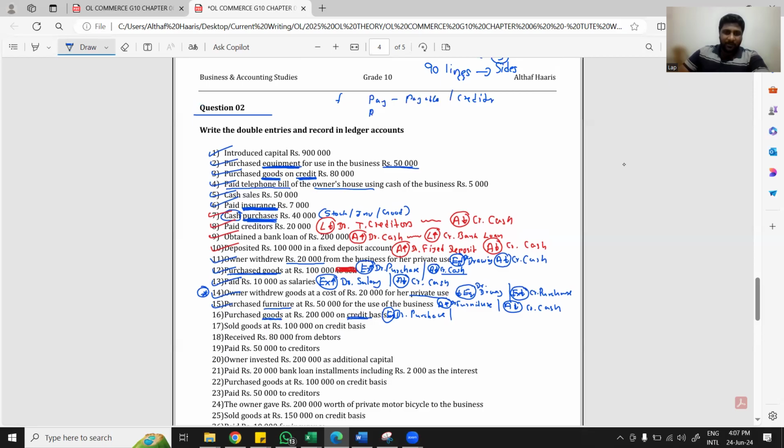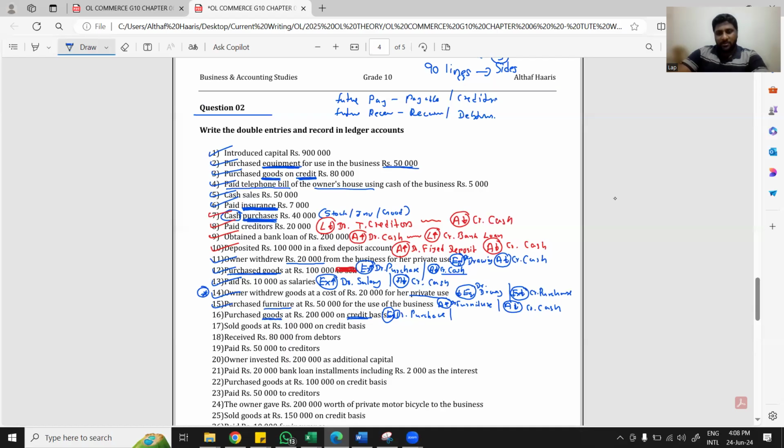Future pay is payable. Future receive is receivable, another name debtors. Pay means payables. Future receive means receivables, debtors.